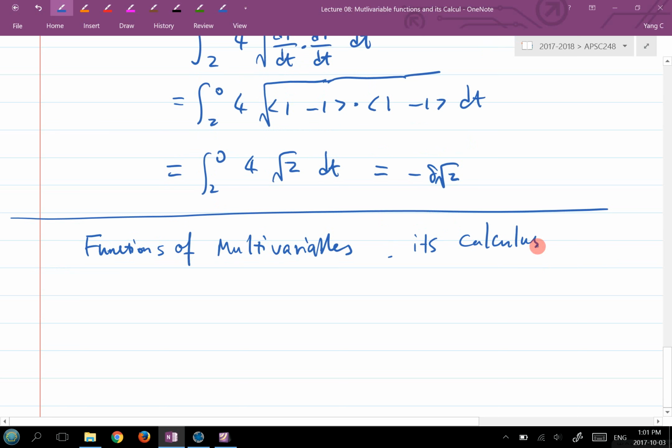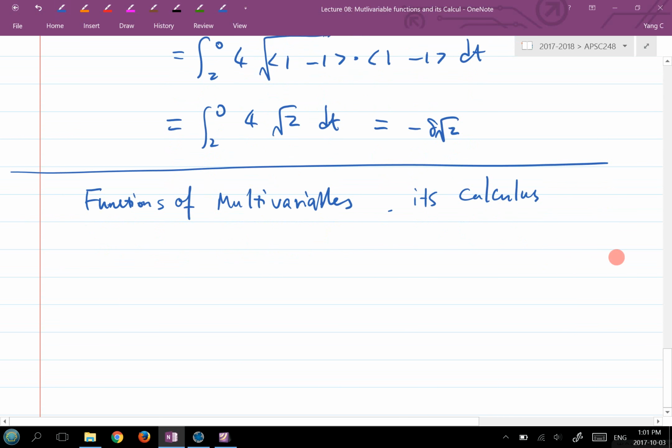Multivariable function, as the name suggests, basically you have a function where, instead of just a single variable, we can insert as many as possible into this function.